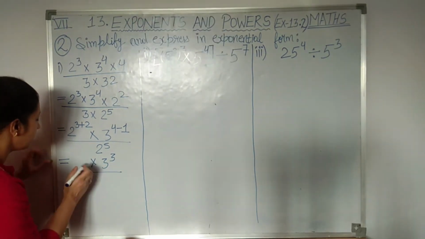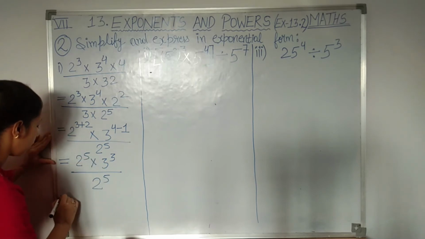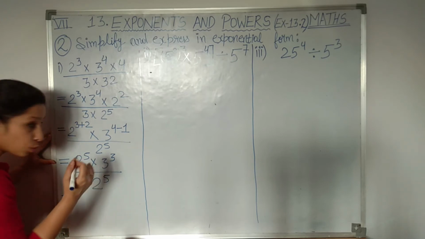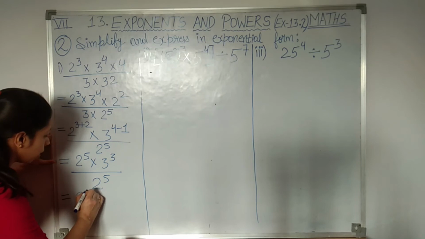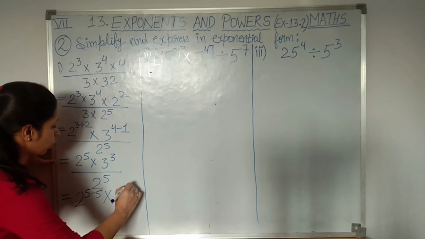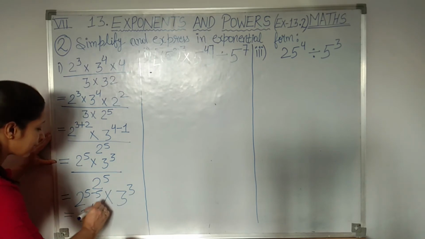How? Let us see. 2 raised to the power 5 was written, here also 2 raised to the power 5 was written. So students, a raised to m divided by a raised to m again. So what will we do? 2 raised to the power 5 minus 5 into 3 raised to the power 3. So 2 raised to the power 5 minus 5 means 2 raised to the power 0.